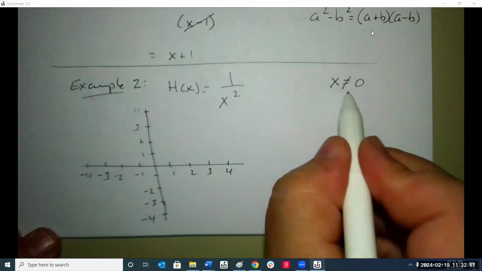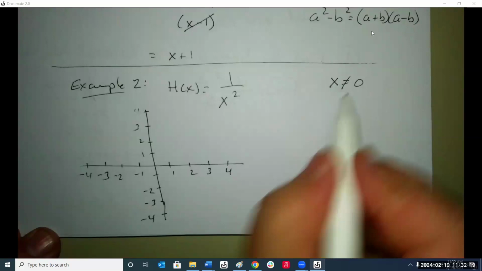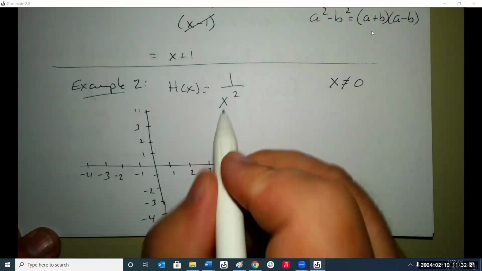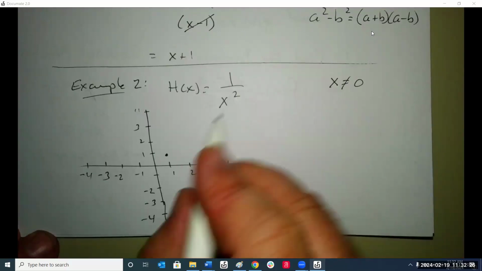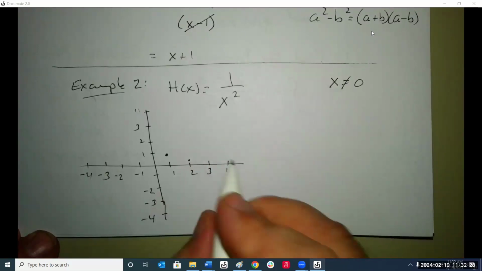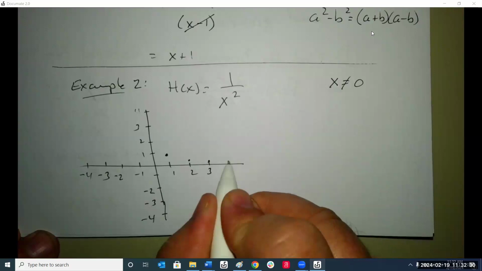Since we know we cannot use 0, look at what happens on both sides. When x is 1, y is 1. When x is 2, it's 1/4, so it's going to come down here. When x is 3, it's 1/9, and 1/16.